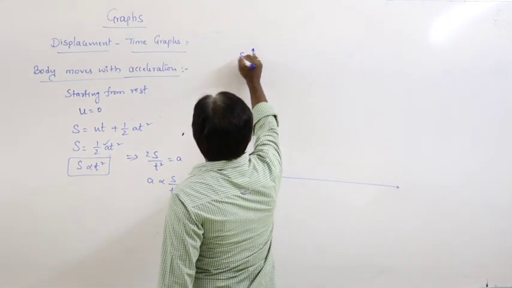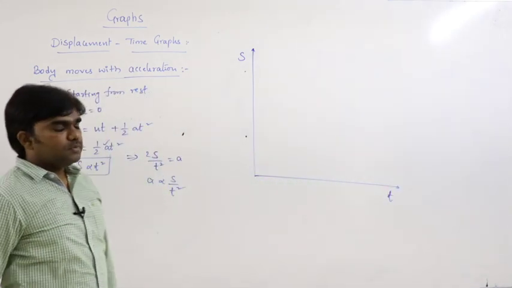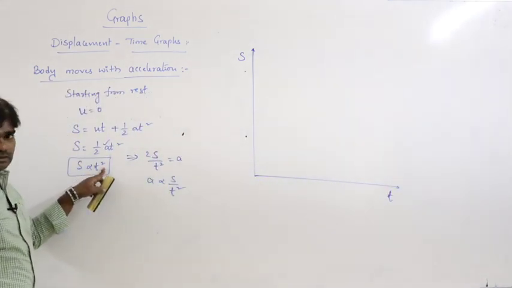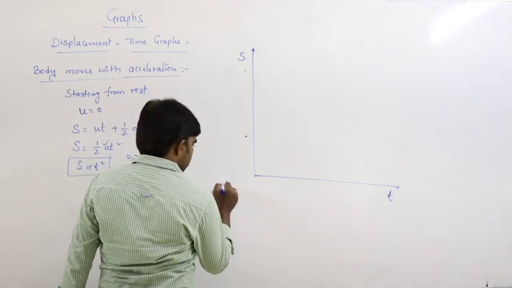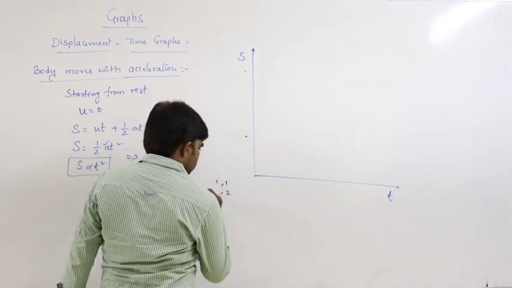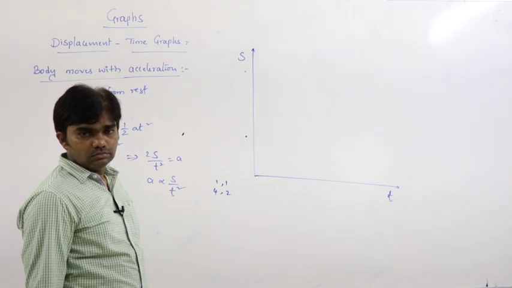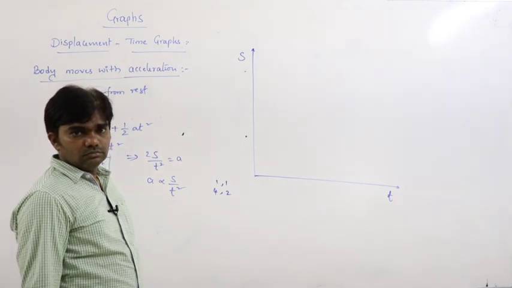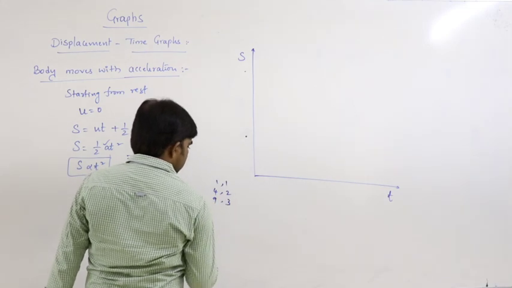So this is the displacement time graph. Displacement s proportional to t square. If y component is 1, x component is also 1. If y component is 2, x component is 4. If y component is 3, x component is 9.